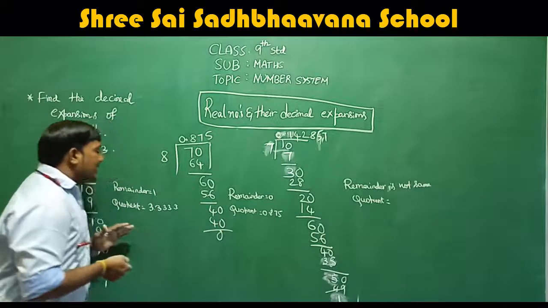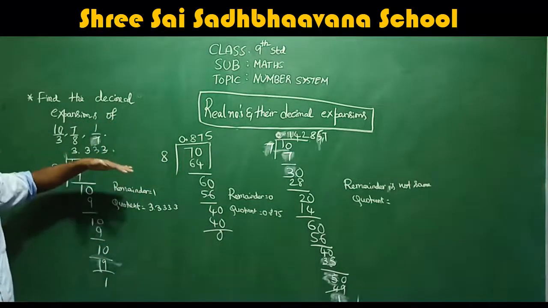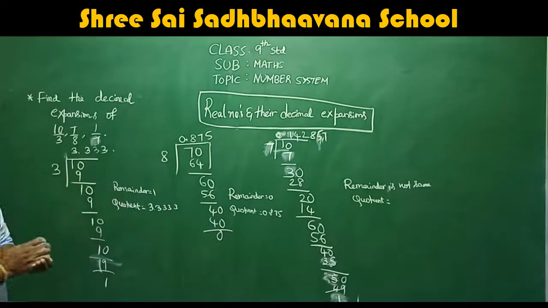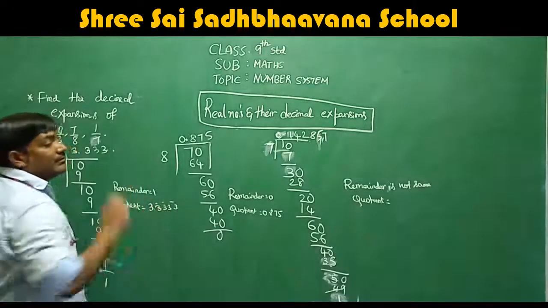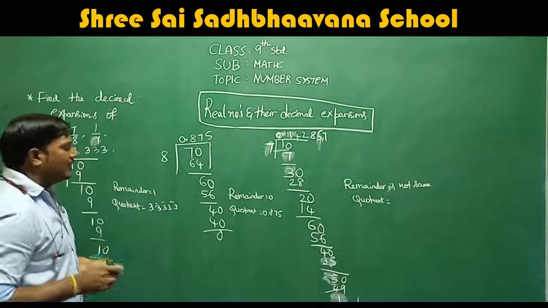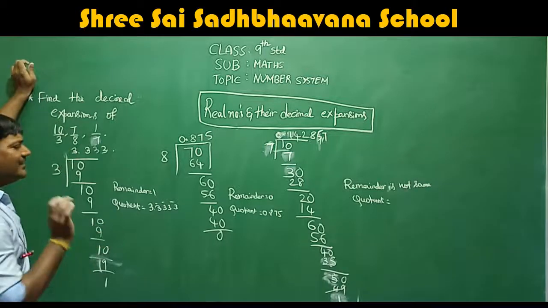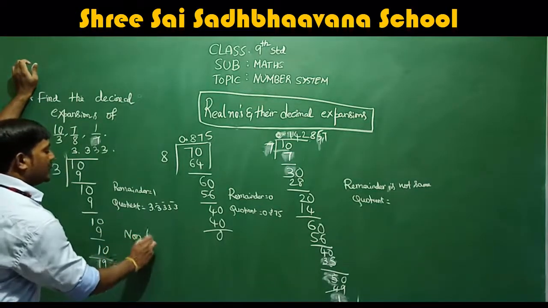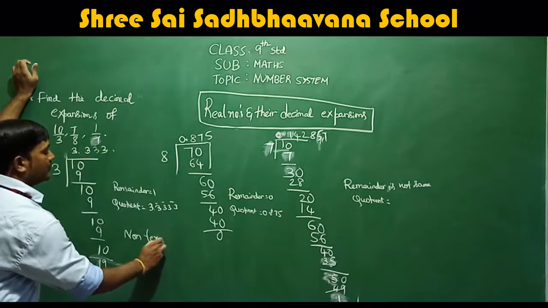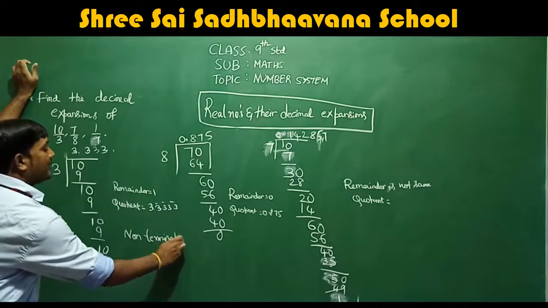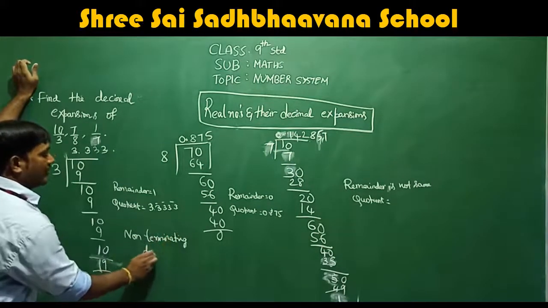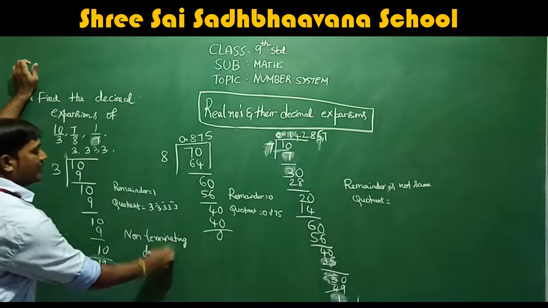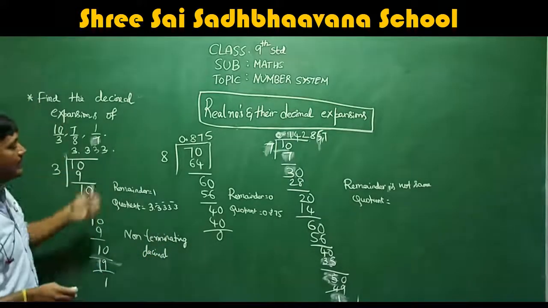So in the first case, if you see, the remainder is the same, and especially here we have a repeating decimal. And here the division is not getting stopped. So that is the reason it is a non-terminating decimal. Why am I calling it a non-terminating decimal? Because the division is not getting stopped. Correct?